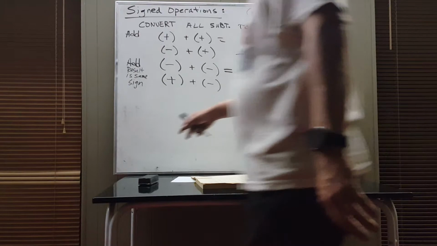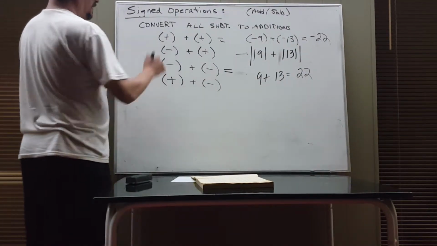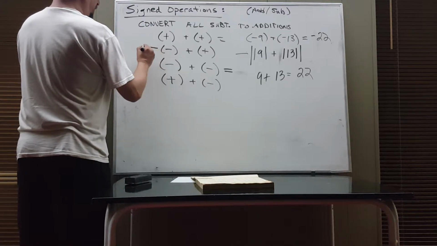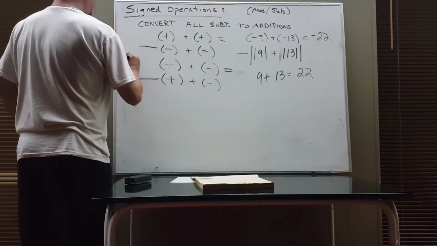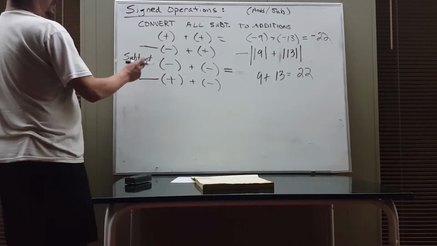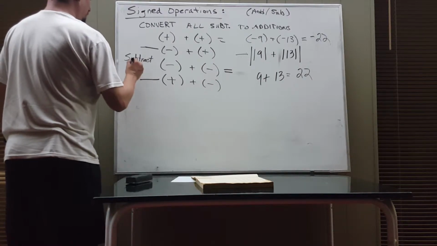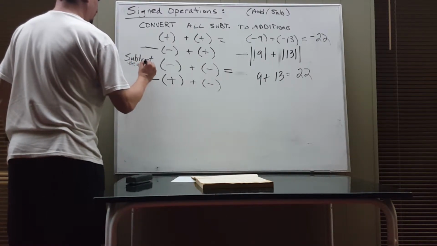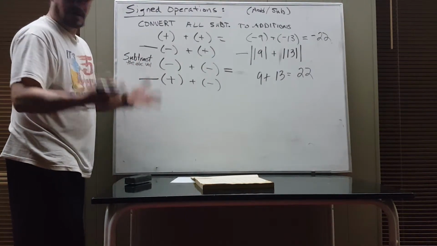Now, when they're different signs, which would be this situation and this situation, you subtract. You subtract the absolute values, or the number part. Remember, the absolute value is just the number without the sign.